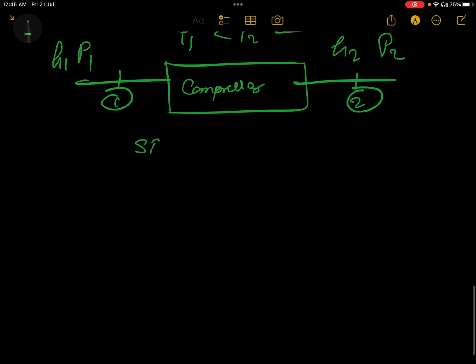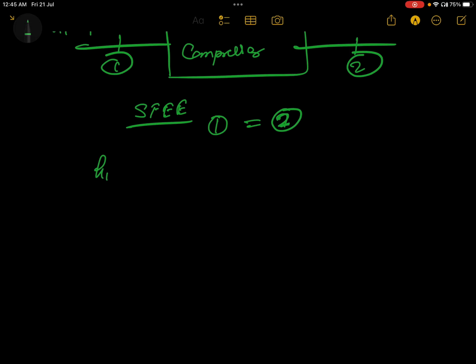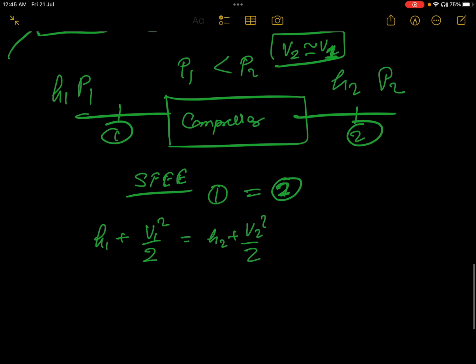If you apply SFE, the steady flow energy equation, between state 1 and 2, because energy will remain conserved, H1 plus V1 square by 2 is equal to H2 plus V2 square by 2. But the right side will be more because pressure energy is increasing. So it is not balanced.